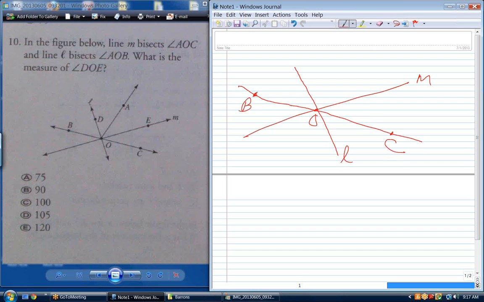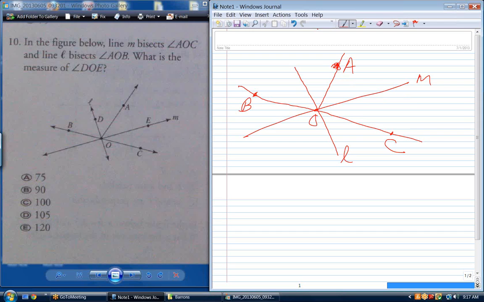The measurement of these angles there is what? Those would be 180. Okay, it doesn't change if we draw this third line in. That's still the same. So what we know is that line L bisects AOB and line M bisects AOC.